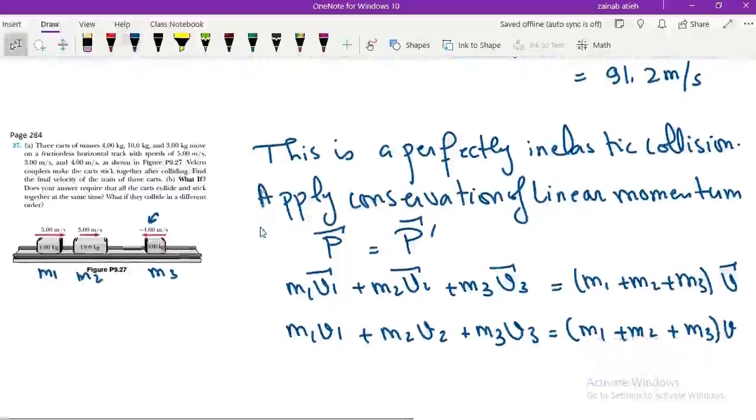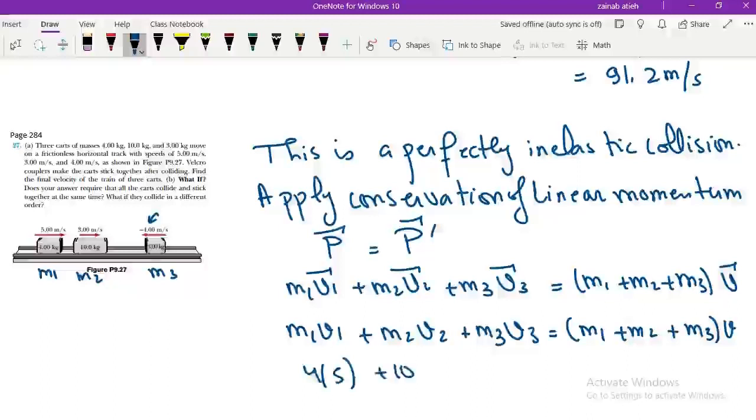So I will substitute for the numbers. I will get M1, it's 4 times 5. Then you've got 10 times 3 plus 3 times -4. See that I've substituted V3 with -4.